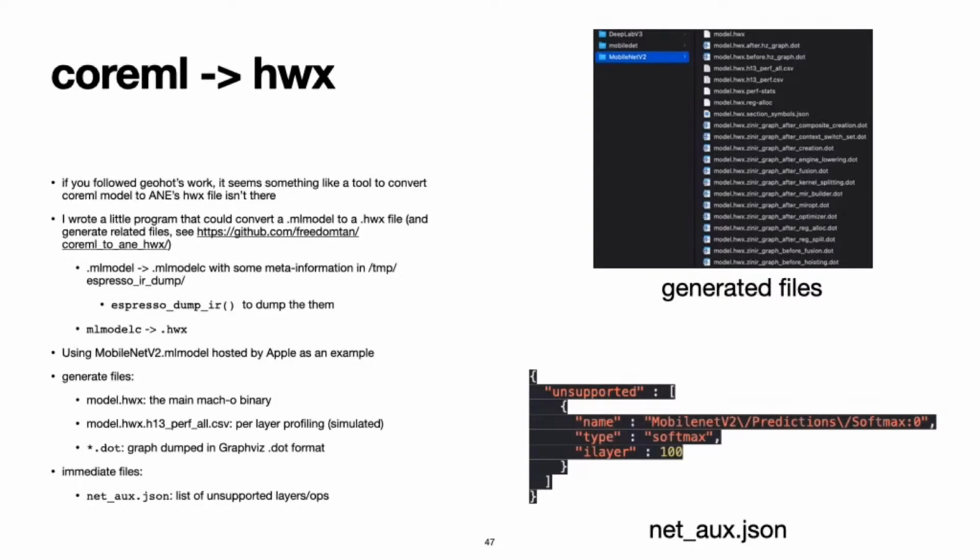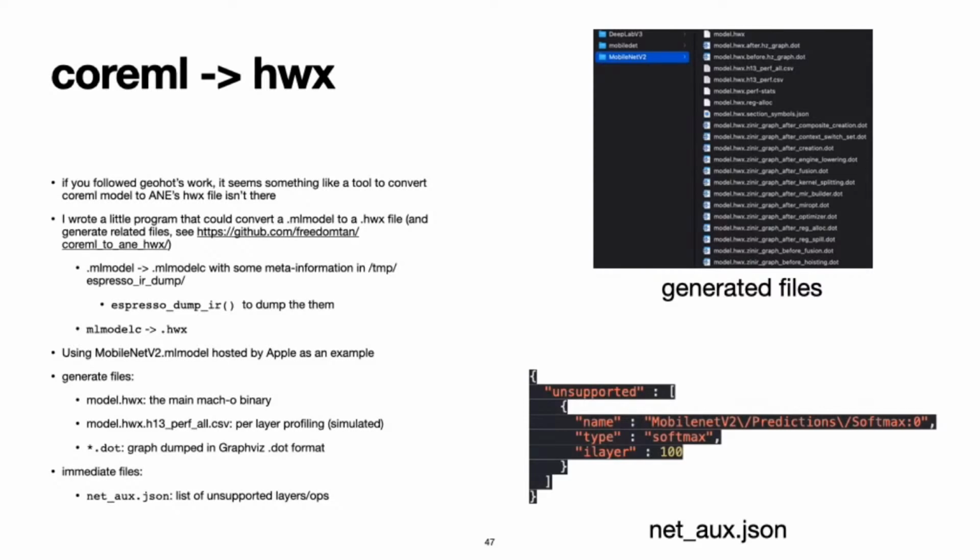It's a layer profiling of the model. I think that's a simulated result, not a real profiling result. Okay. And there are dot files. As you may know, those are Graphviz format.